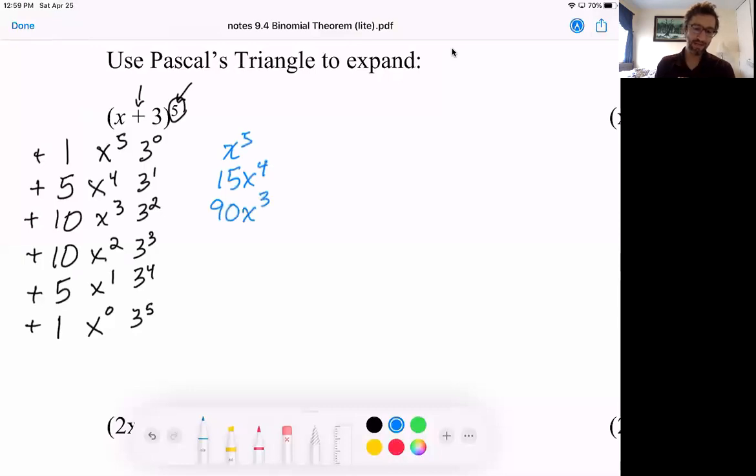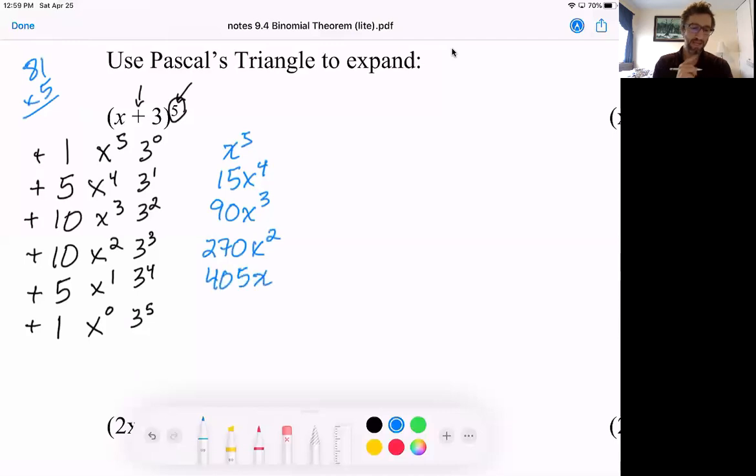And then I have 10 times, let's see, 3 cubed is 27. So that would be 10 times 27, 270 x squared. And then I have 5 times 81. Is that 405? 5 times 81, 405.